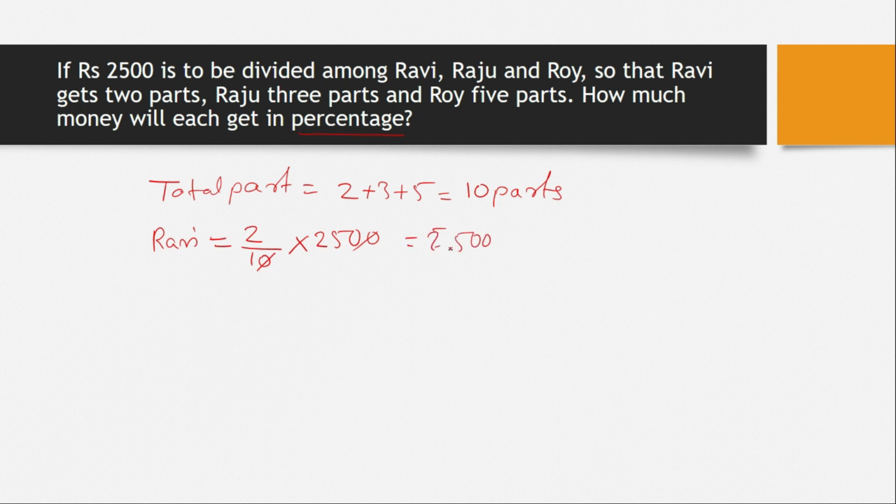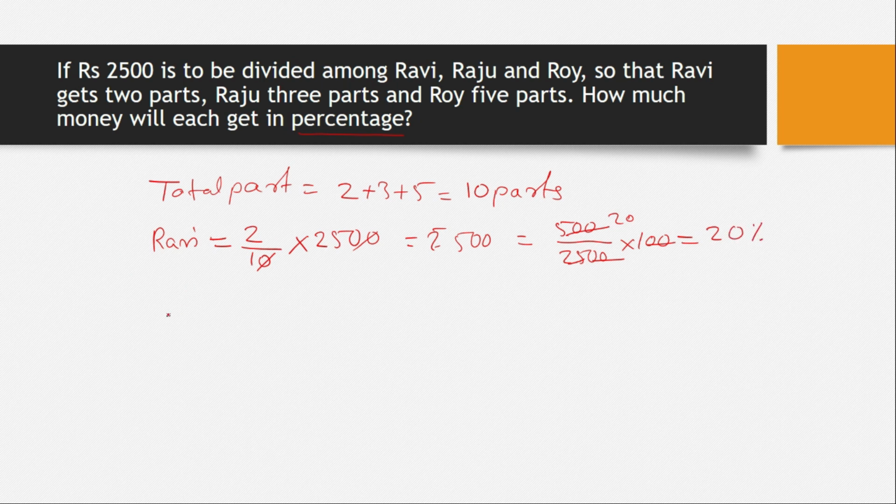Now this we have to convert into percentage. So what we will do? Ravi's amount by total amount into 100. That means 20%.